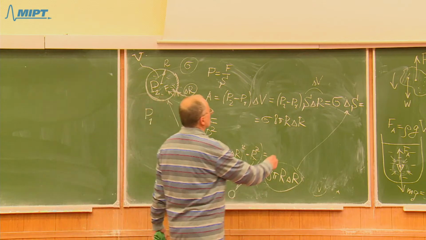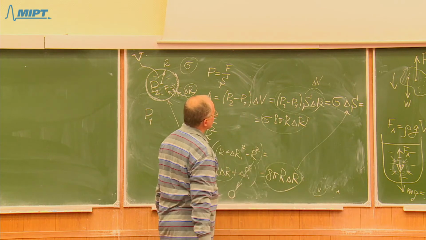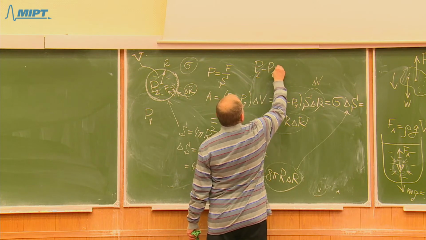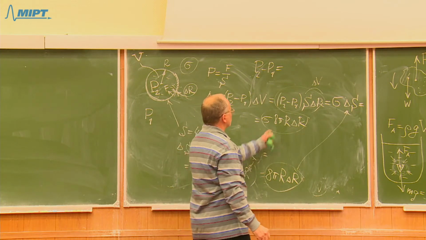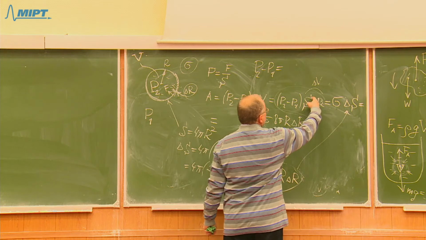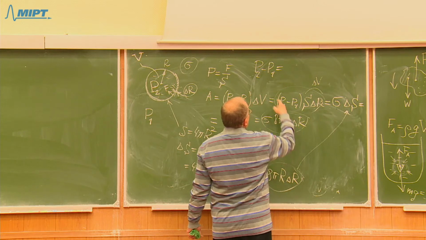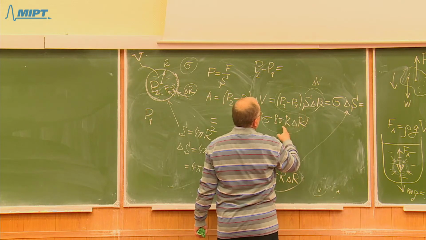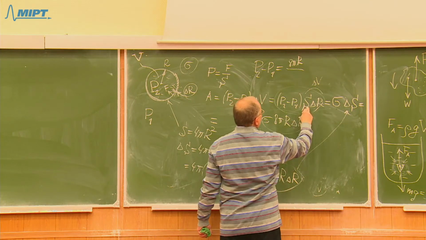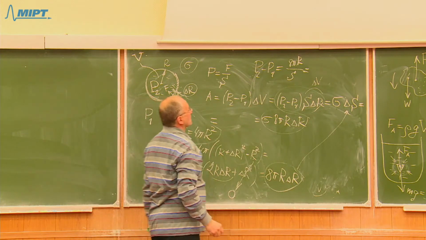And now, combining these two expressions, I can write that the difference in pressures P2 minus P1 will be equal to sigma times 8 pi r delta r, divided by S delta r. Delta r will cancel, so the small variation in radius cancels, and the pressure difference will be equal to 8 pi r sigma divided by S, and S is known to be 4 pi r squared.